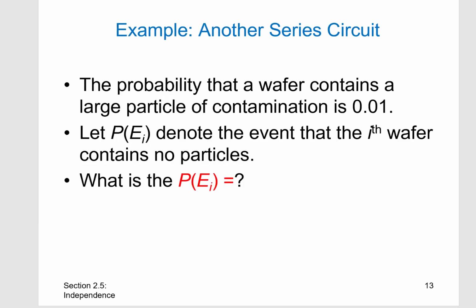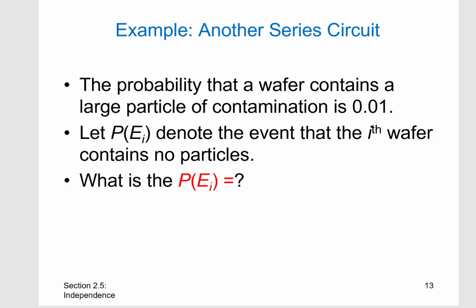The probability that a wafer contains a large particle of contamination is 0.01. Now let Ei denote the event that the ith wafer contains no particles. What is the probability of Ei? Now, we would assume that one wafer won't affect another wafer.